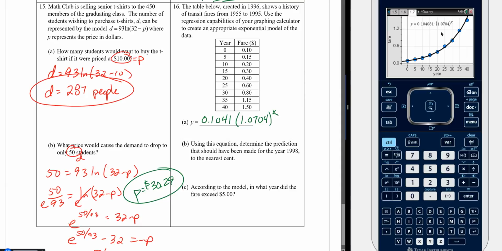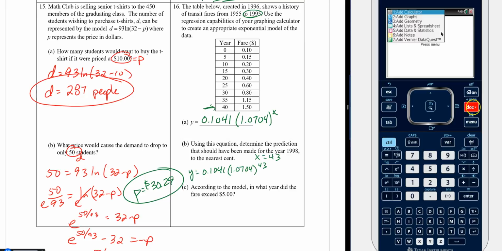Use the equation, determine the prediction that should have been made for the year 1998. So they told us that '95 is when our data stops, which is 40. So 1998 should be x equals 43. So I'm going to use my equation, 0.1041 times 1.0704 to the 43rd power.